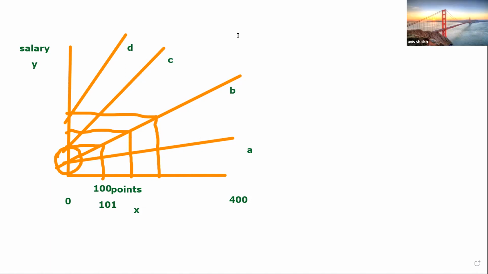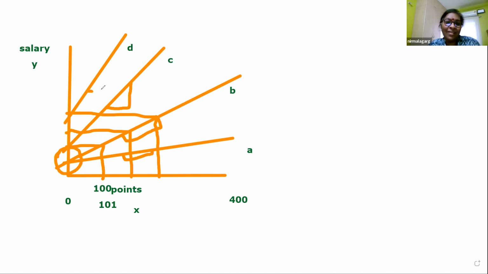D. You are right, D, absolutely, Anish. Because see, this value is very little, this value is a little more, and so on. So slope is that value, and that is what is calculated.